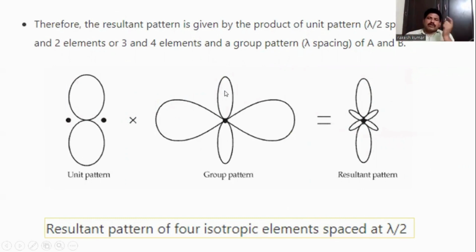When we do the product, you will get maximum radiation here. In this direction, no null is there. Okay, in this direction null is there. In this direction maximum radiation is there. So multiplication will lead to no radiation in the null direction. Okay, so this is the final equivalent resultant pattern of four isotropic antennas spaced at lambda by 2. Okay, so this is example 1.